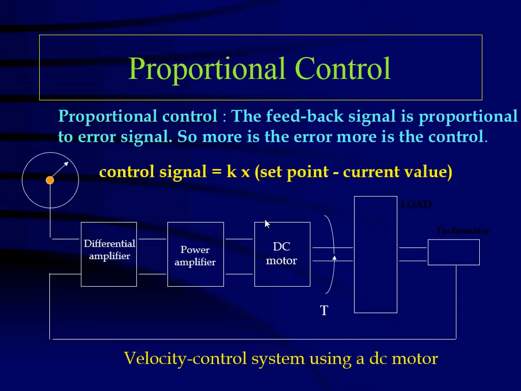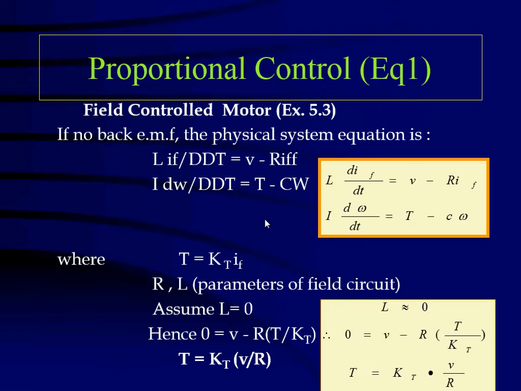Let's try something a little more complex. You have in here the proportional control system. See? This is your system. This is the measure. Get your feedback in here, compare it to the original, produce the control signal.